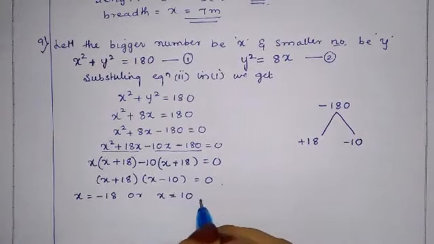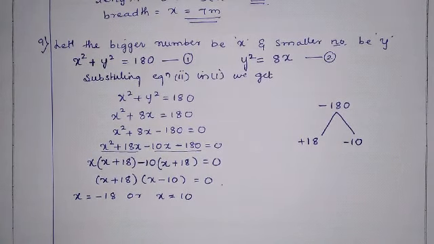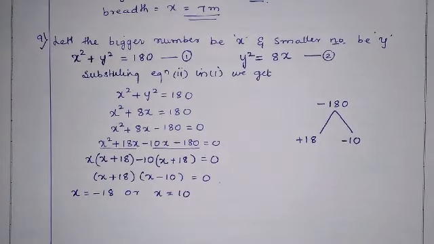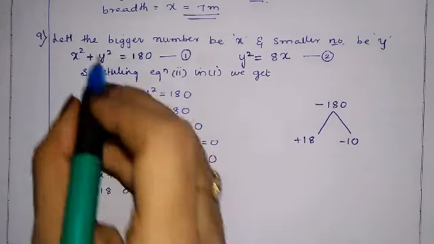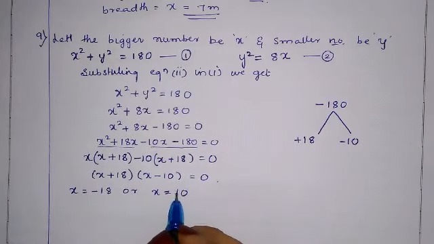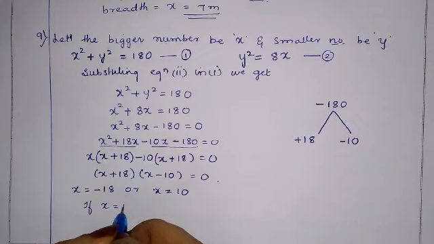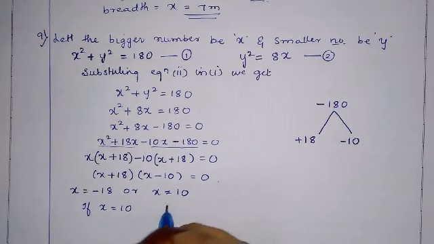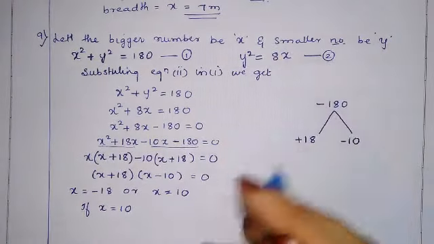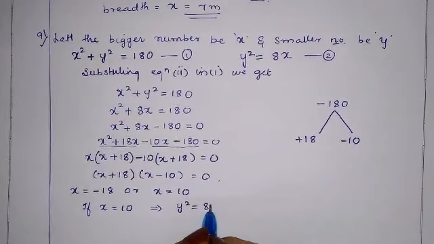Since they have told two numbers, I'll take the numbers they have told here. Now if x is equal to 10, find the numbers. Therefore if x is equal to 10, then y is equal to, we have y square is equal to 8x.